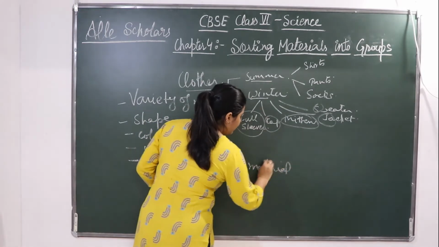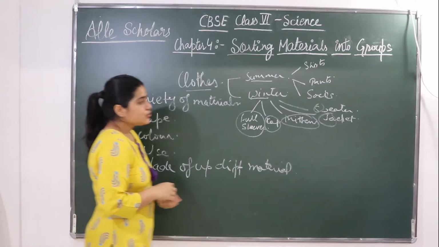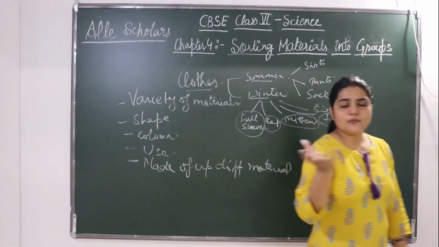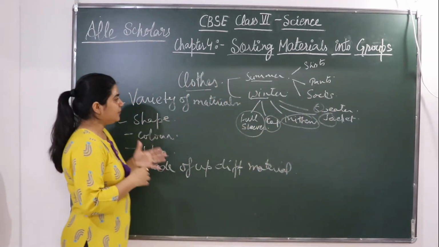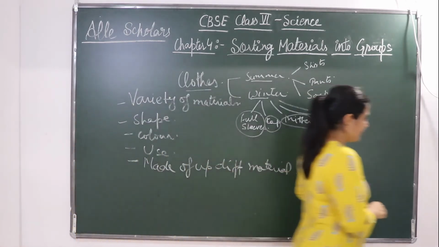Okay, so no two such things are totally alike. So in this chapter we are going to see how the objects around us differ in many categories. Okay, so suppose let's take an example.